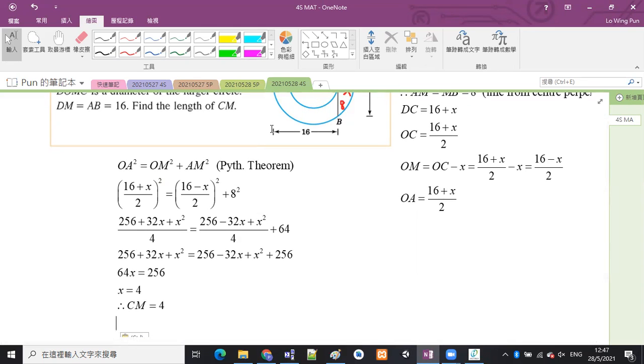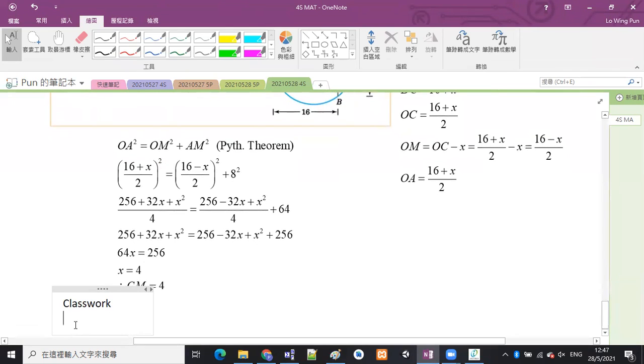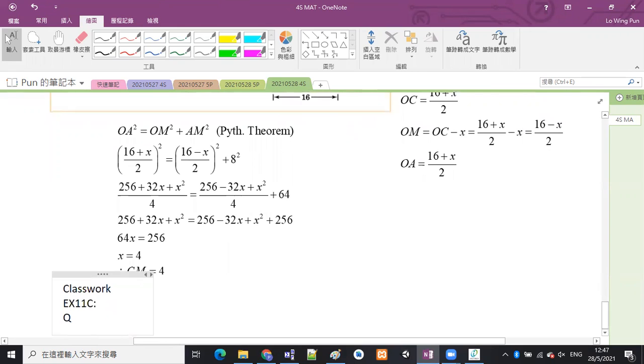Let's do the level 2 problems again. So now, please try to do the exercise 11C, question number 17 to 26 in your class report.